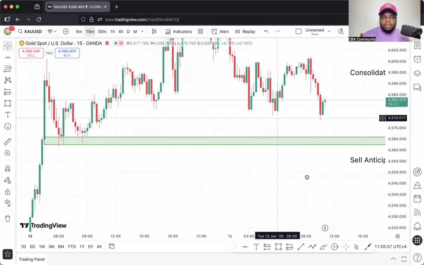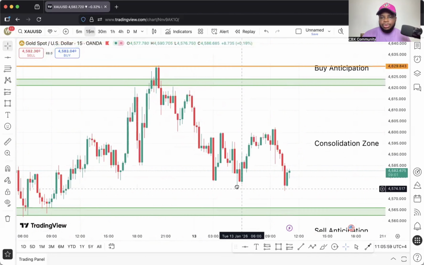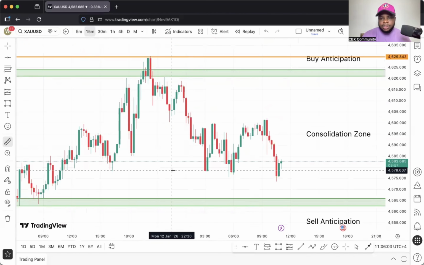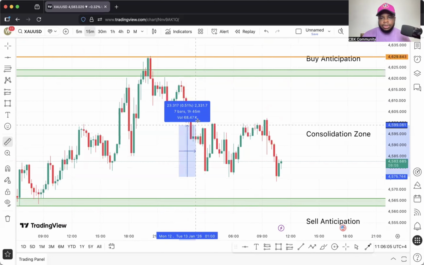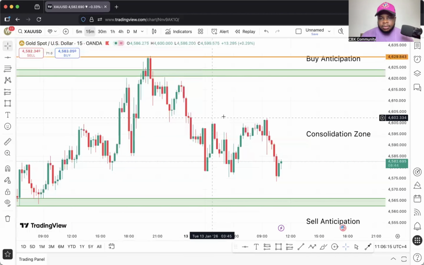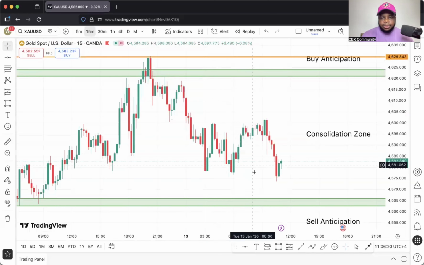So let's see what the market structure wants to do. The 15 minutes from this page to this page, 252 pips. Let's see the 15 minutes candle formation.